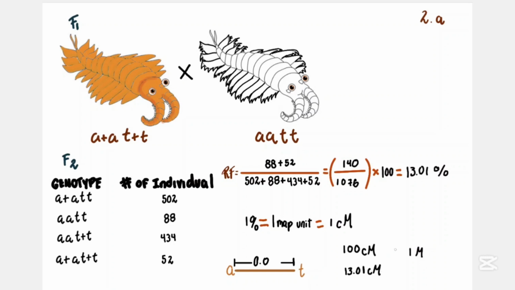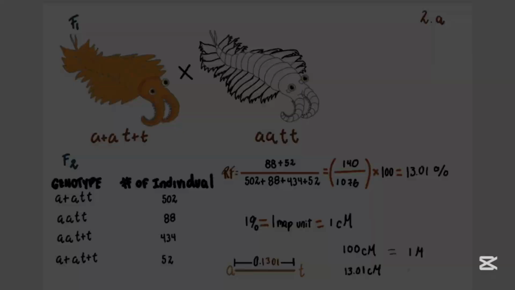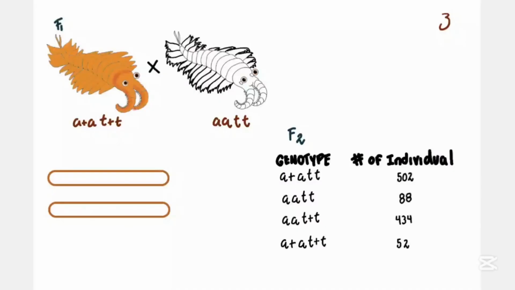Now, to find the morgans is simple. 1 morgan is equal to 100 centimorgans. Thus, after a simple conversion, the distance between genes A and T is 0.1301 morgans.